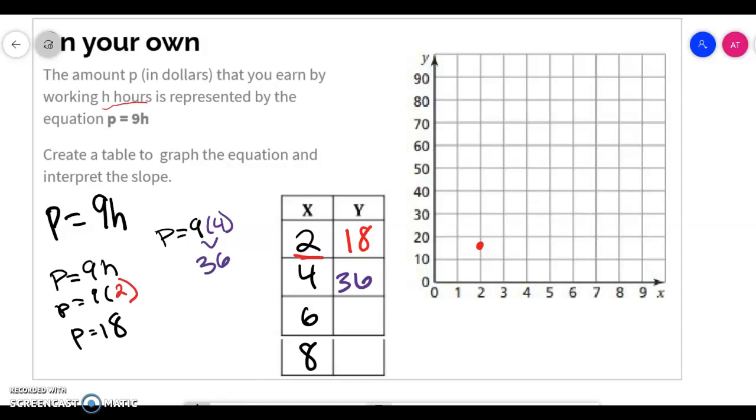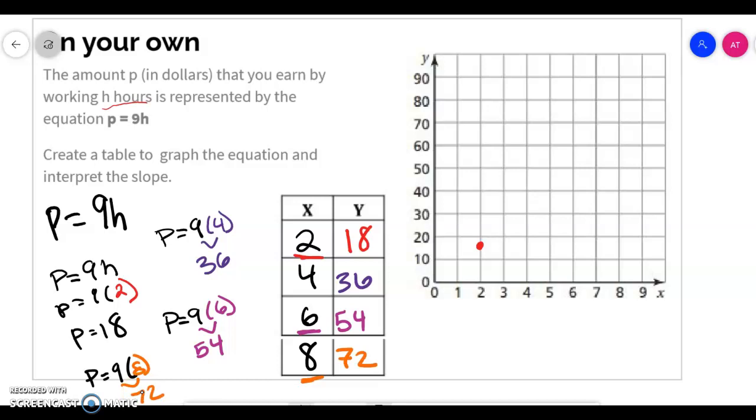Let's solve all the rest of these, and then we're going to graph them. Next, I'm going to do 9 times 6, which should give me what? 54. And last one, 9 times our 8 is going to give me what? 72. You're right.